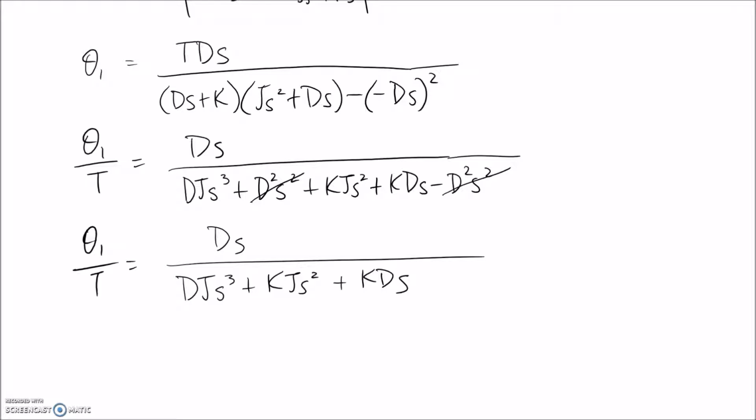Something else I can do is I've got an S on the top line, and everything on the bottom line has at least one S. So I'm going to get some cancelling. D stays, and then we're going to get rid of one S on each of these terms.